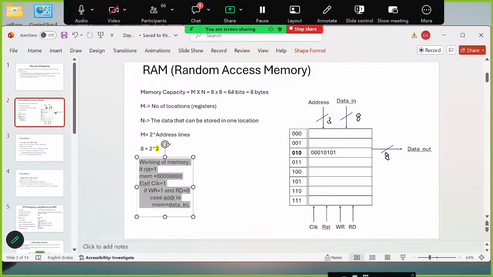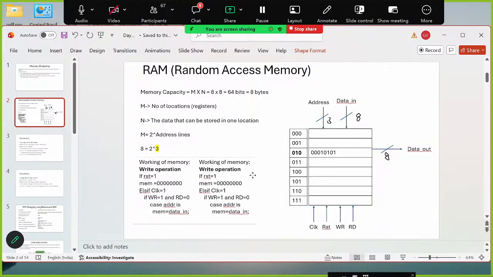We are writing the data. This is what we call write operation. Similarly, you have read operation.